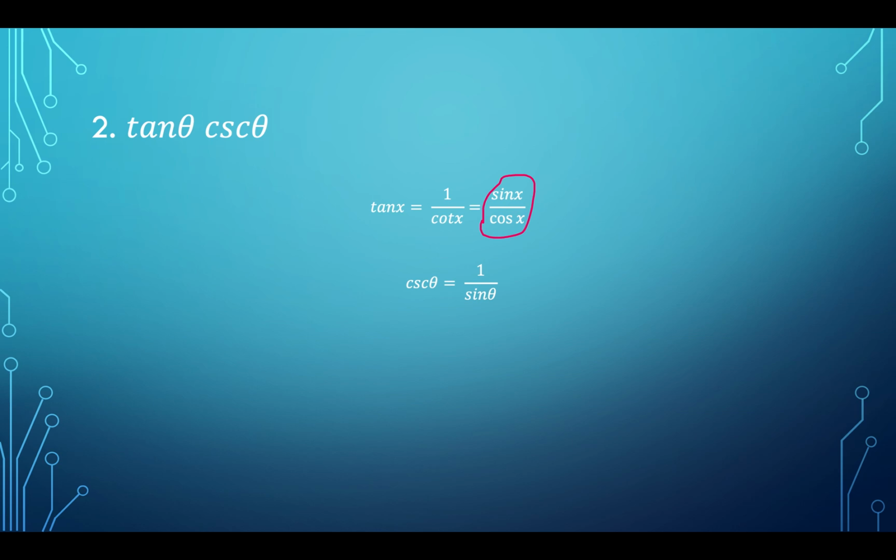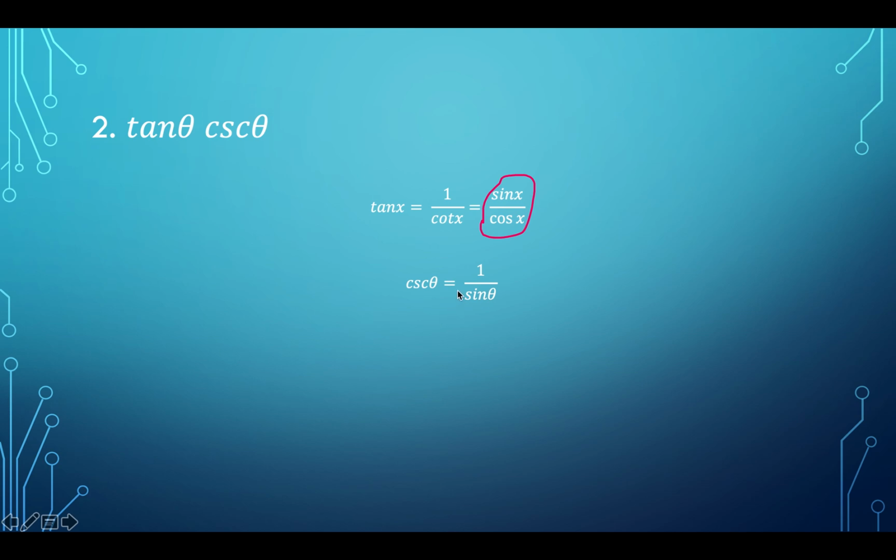I would always recommend you try to replace tangent with something, and most of the time, I would say like 90% of the time, you're going to replace it with sine over cos. And anytime you see CSC, SEC, or COT, go back and figure out what its original identity is.